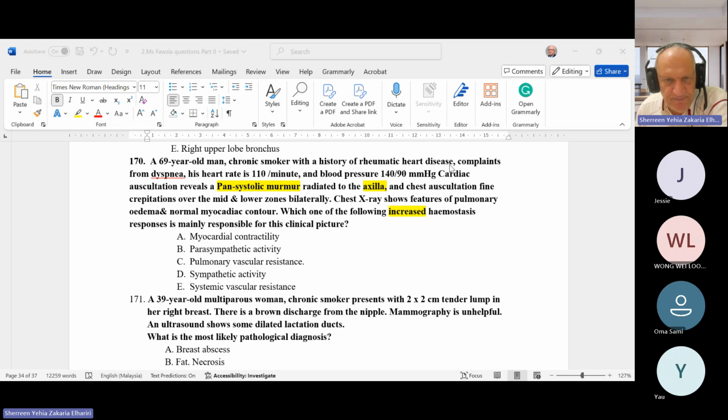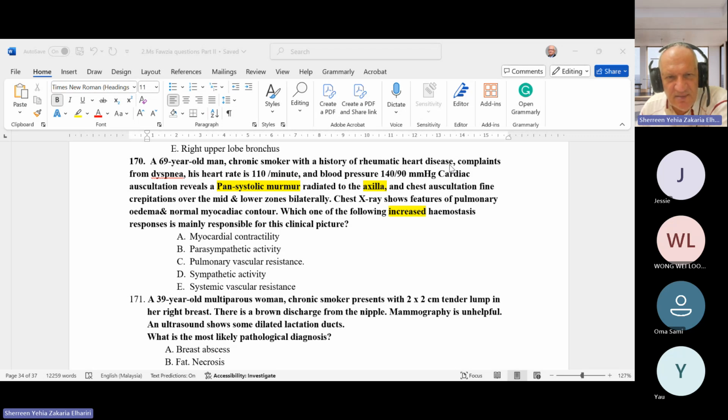So this patient most probably has a pansystolic murmur radiated to the axilla. The question is not about the murmur; he asks about the response to the clinical picture. So anyone got the idea what this patient has? Mitral regurgitation, so sympathetic activity? It matters, yes, but it is not sympathetic activity.